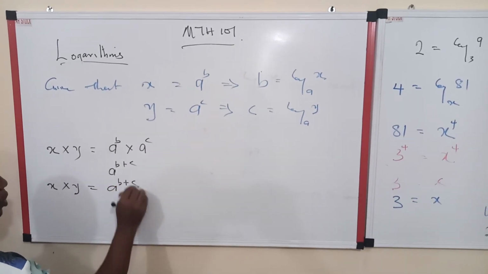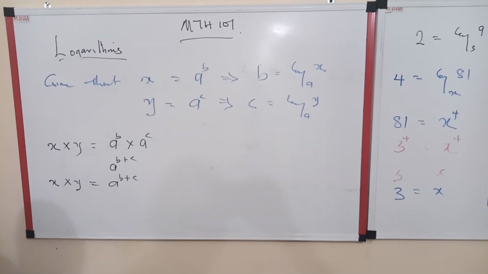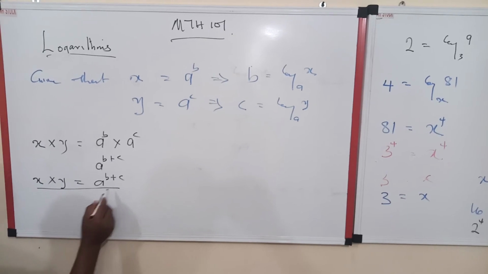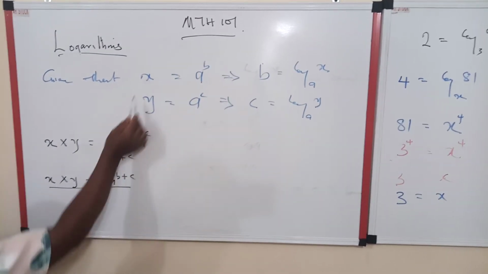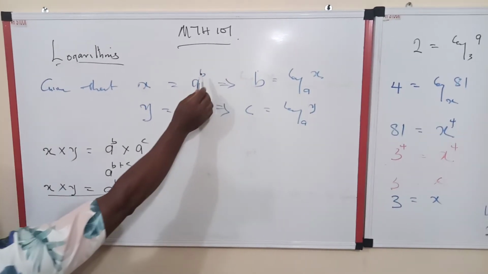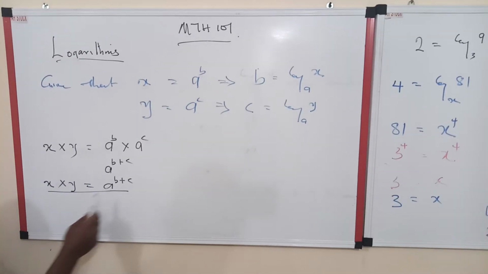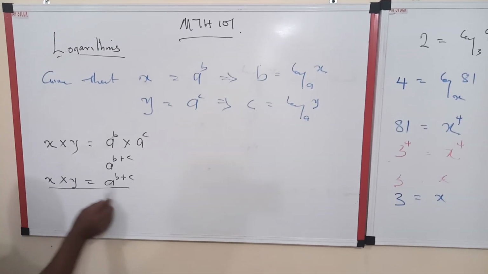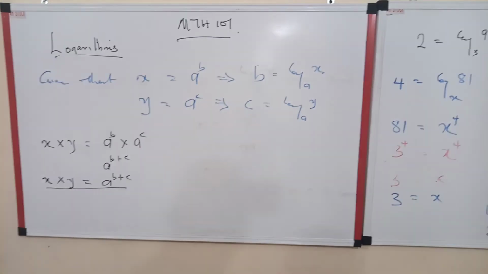Now, if you look at this expression here, you can see that it looks like this other expression where this term here is our x, A here is our A, which is the base, and B here we have in terms of B plus C. So if that is true, then we can write this expression, which is in the form of indices, in terms of logarithm.